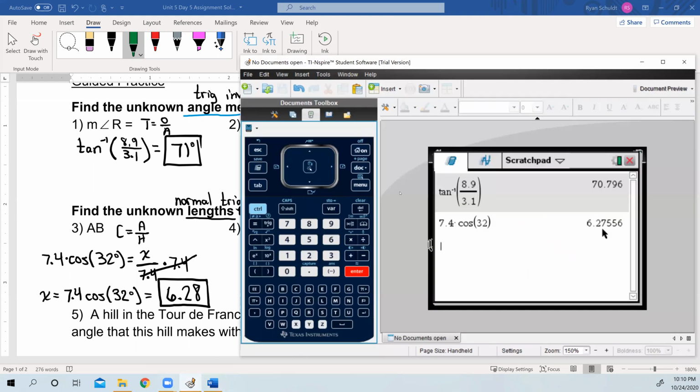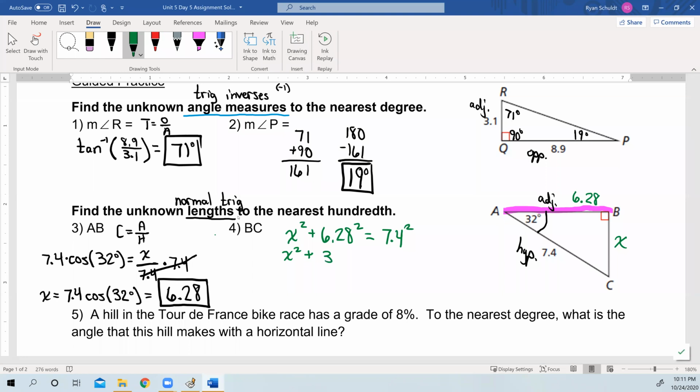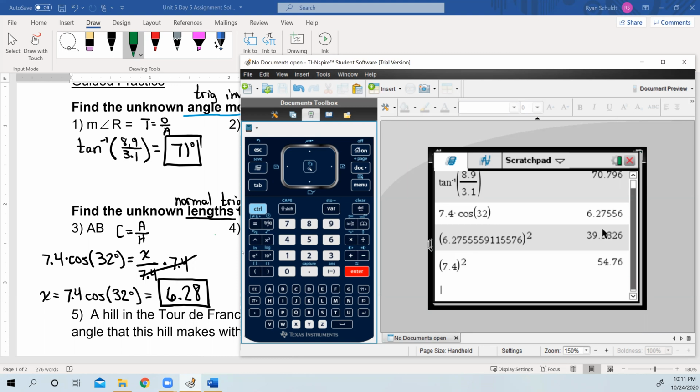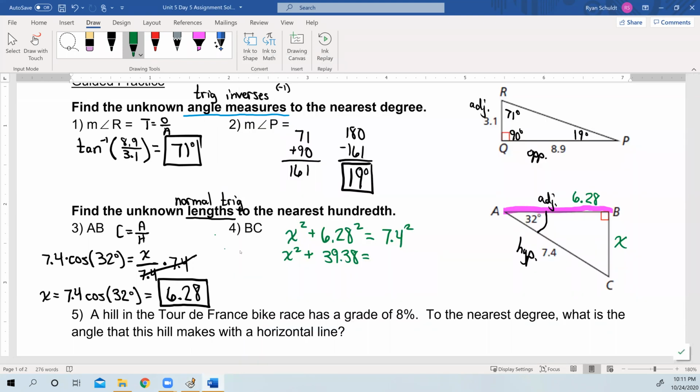That's our side that we found. So I'm just going to go up and grab it and square it. So 39.38 is equal to, well, what's 7.4 squared? 54.76.